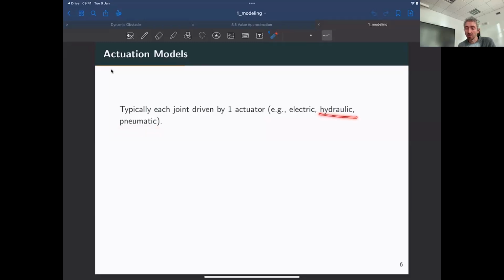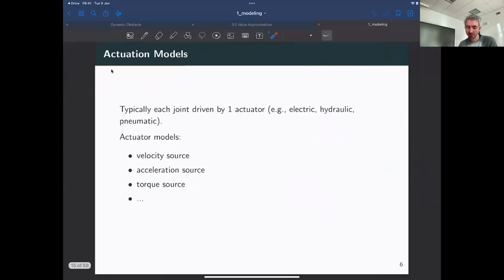Hydraulic is also common in cases where you need a lot of power, because hydraulic actuators are the most powerful and the most dynamic ones. That's also why they are the most dangerous. So you need to be very careful if you're working with a hydraulic robot, because it can kill you quite easily. I've worked with them, so I know I should be scared.